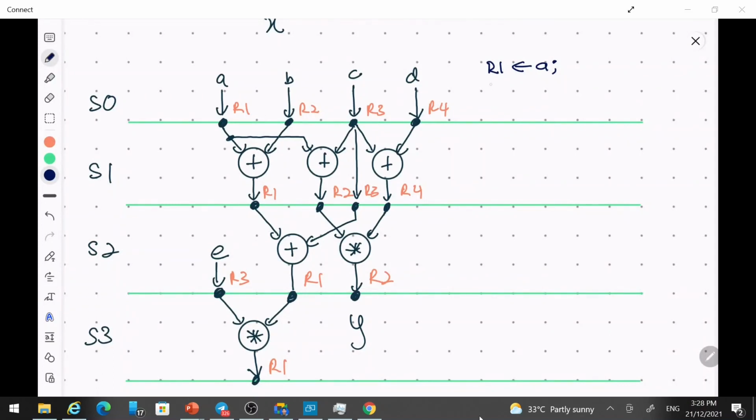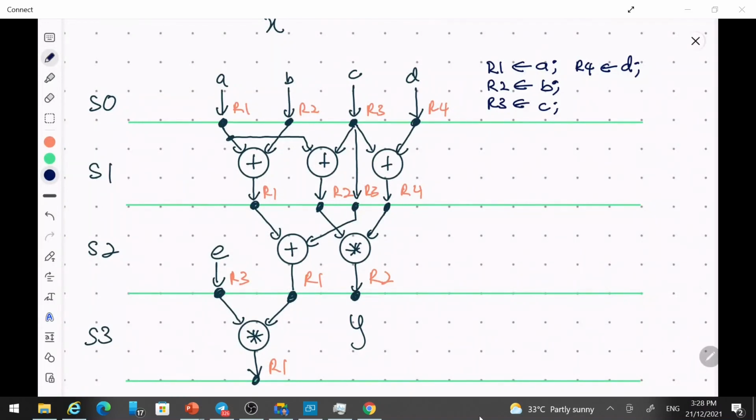And the next one is R2: you load B into R2. R3: you load C into R3. And the last one, you have R4, where you load D into R4. Right? That is the RTL code for S0.